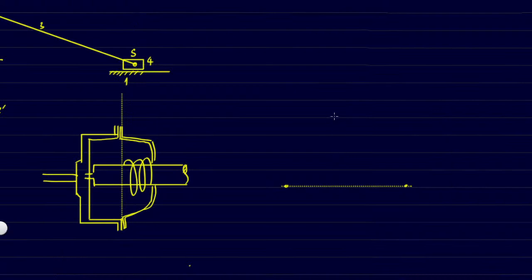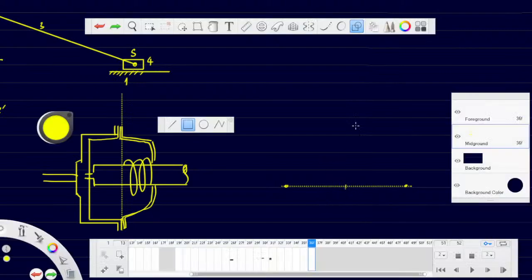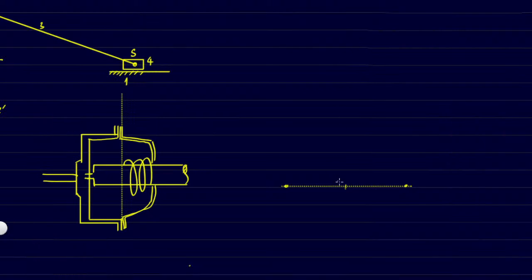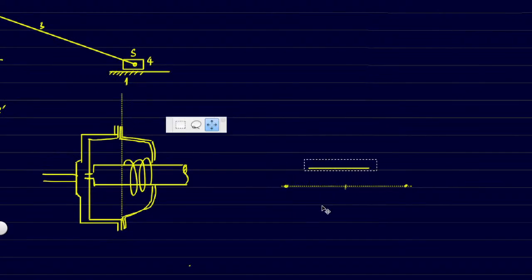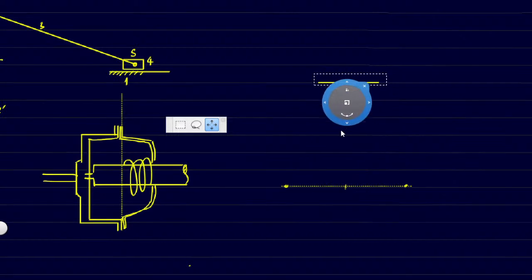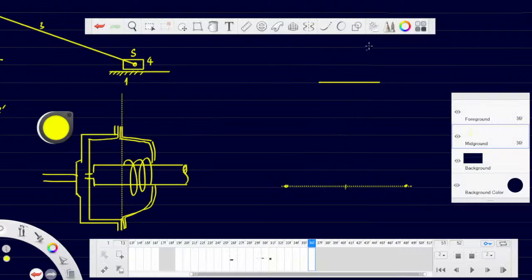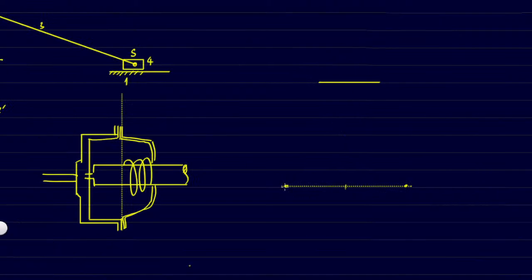So we will need this. Half of this length needs to be put in here somewhere. This needs to be connected by way of a line to these points.